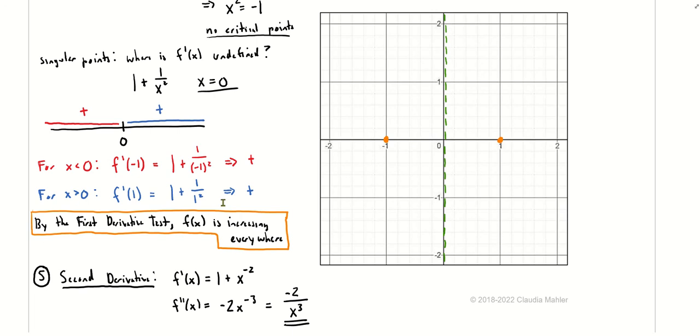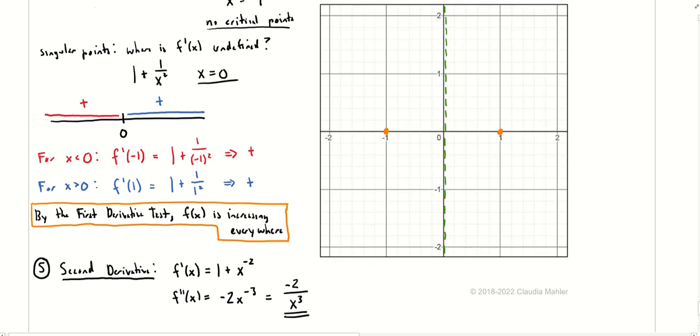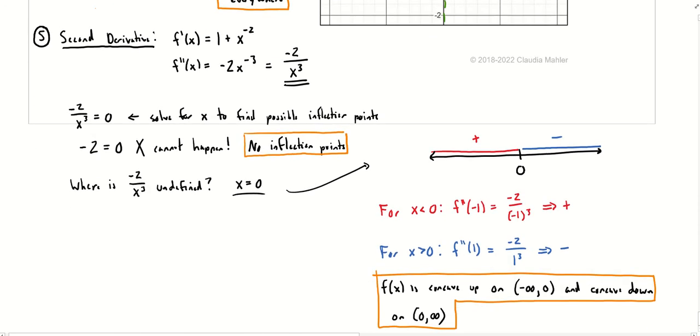By the first derivative test, our function is increasing everywhere, which means wherever we draw our function, it's going to have a positive slope on both sides of this vertical asymptote. And we're also told that there are no inflection points, but we do have a switch in concavity about that vertical asymptote. Specifically, our function is going to be concave up to the left of 0 and concave down to the right of 0.